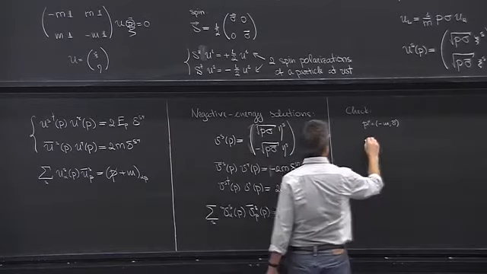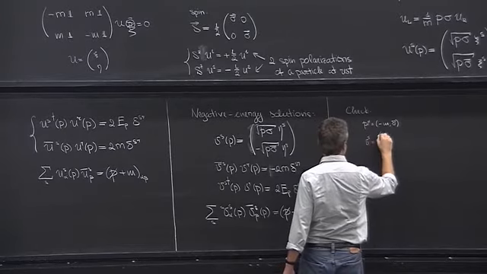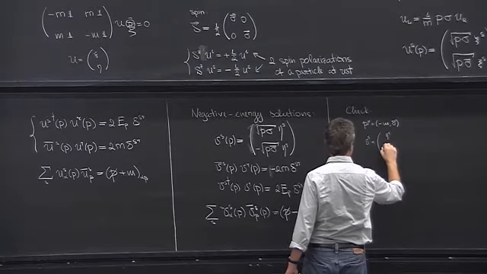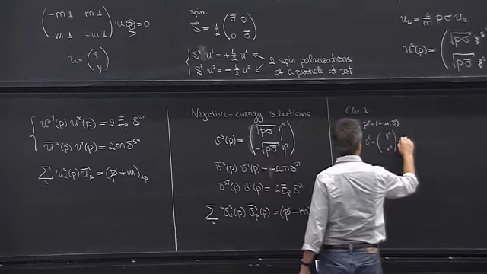Then V is equal to Vs is equal to eta S and minus eta S times square root of m.